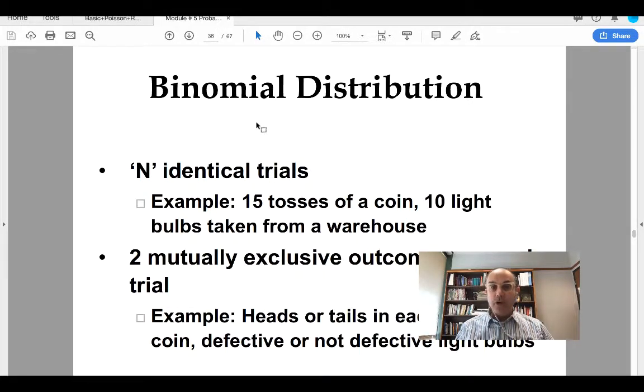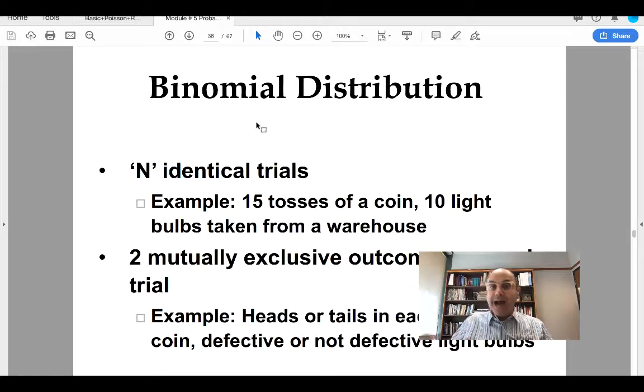Binomial distribution has a little bit different settings. We have n identical trials, for example, 15 tosses of a coin or 10 light bulbs taken from the hardware store. And we also have two mutually exclusive outcomes of each trial.